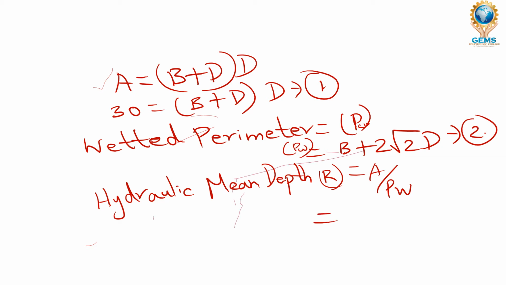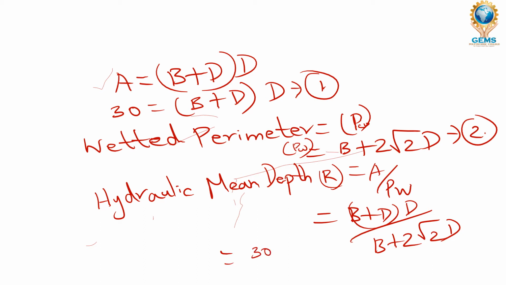Area is (b plus d) into d divided by the Pw value, b plus 2 root 2 d. We know the value of the cross-sectional area, which is 30, divided by b plus 2 root 2 d. This is the hydraulic mean depth; consider it as the third equation.